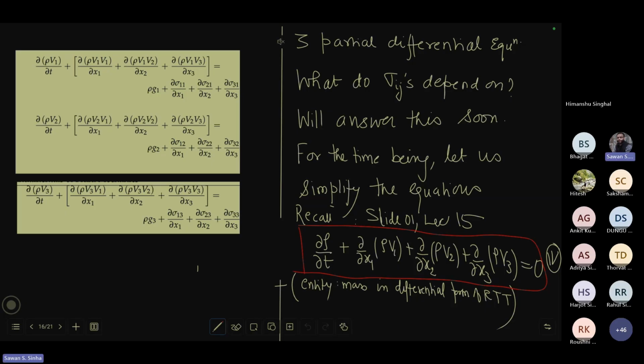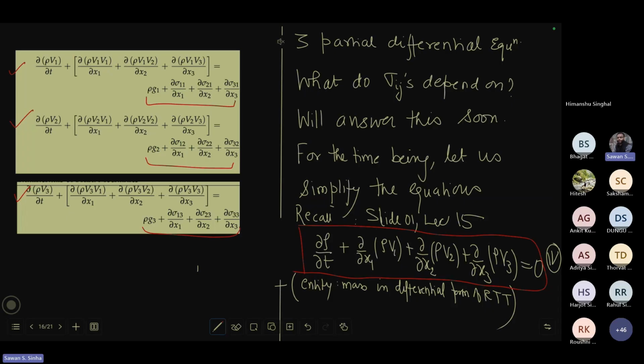These are the 3 equations of V1, V2, and V3, where on the right hand side, I have replaced the external forces in terms of the body forces and stress tensor. Complicated equation. Algebra wise, it's complicated. Solution wise, it is immensely complicated.